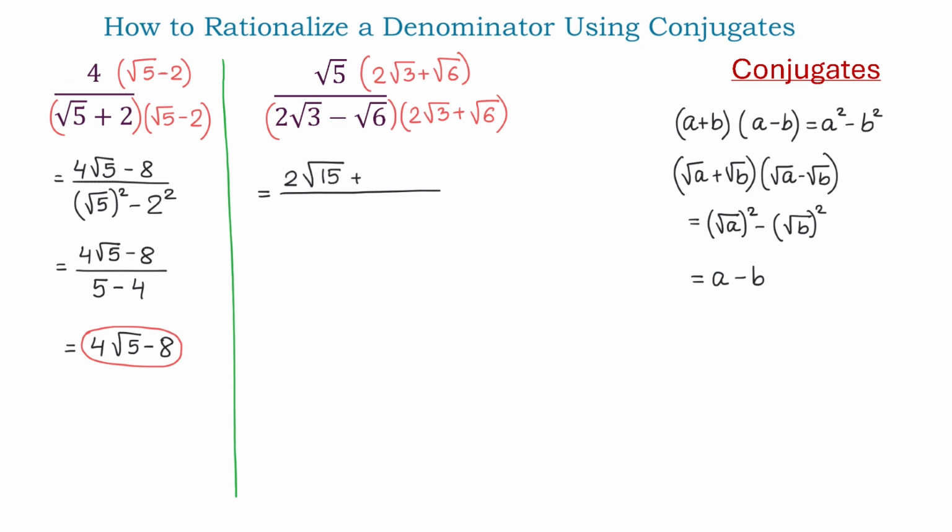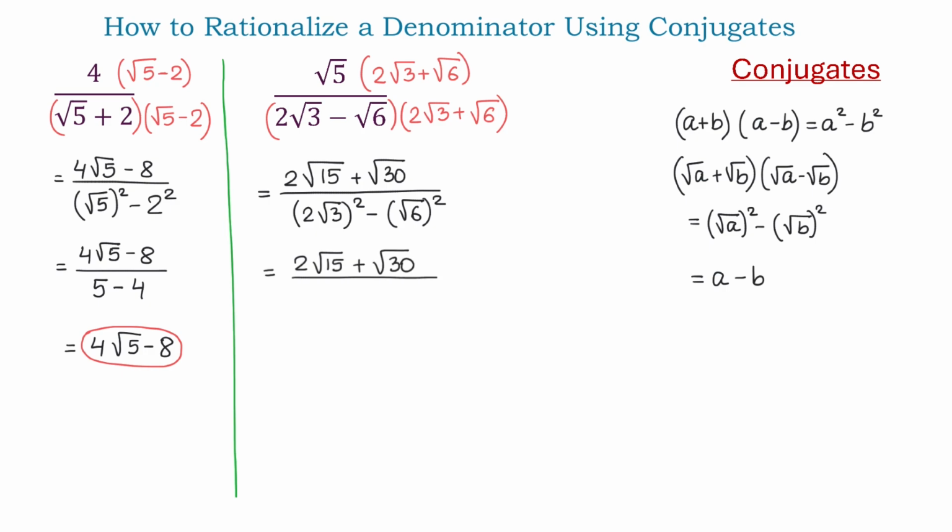So we will add square root of 30. In the denominator, first we will raise 2 square root of 3 to the second power minus square root of 6 to the second power. Then we will keep the numerator the same, 2 square root of 15 plus square root of 30.